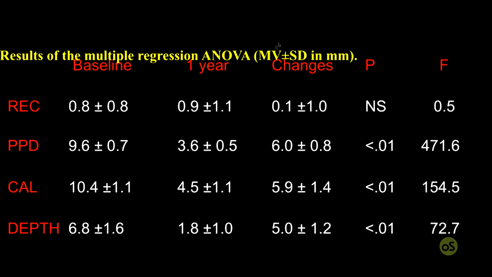And this is the outcome of the study. What you have to look at is the changes we had 1 year after the surgery. 0 gingival recession, no gingival recession at all. Clinical attachment level gain 5.6, almost 6, let's say. And the whole reduction of pocket was clinical attachment level gain.